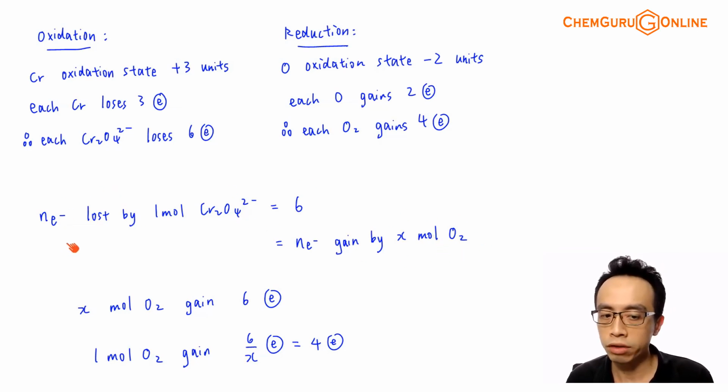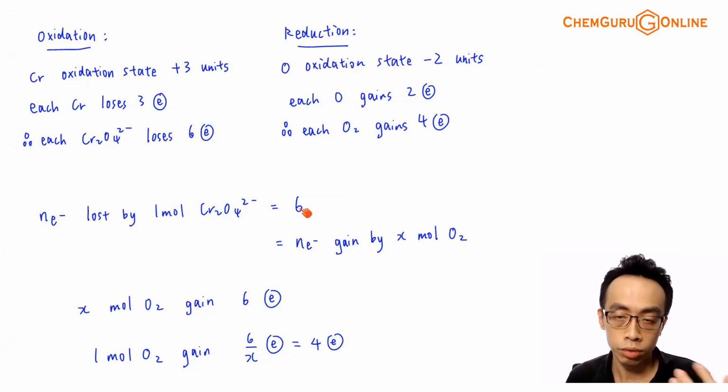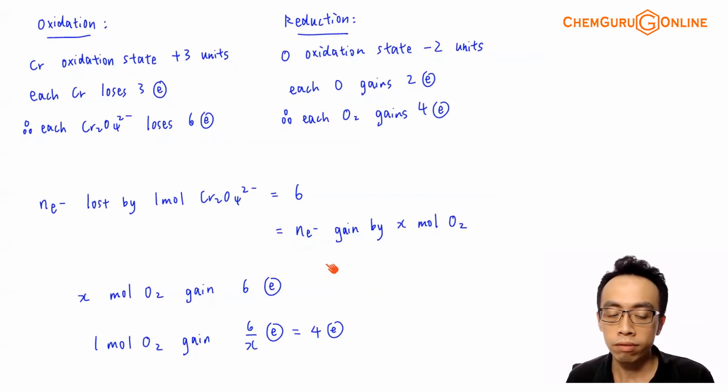So the 6 moles of electrons lost by 1 mole of Cr2O4 2- will be equal to the moles of electrons gained by X moles of O2. Since X moles of O2 gain 6 electrons, 1 mole of O2 will gain 6 divided by X moles of electrons.